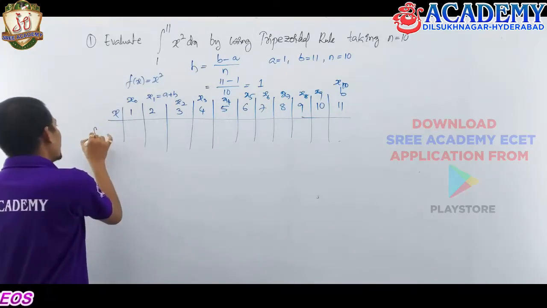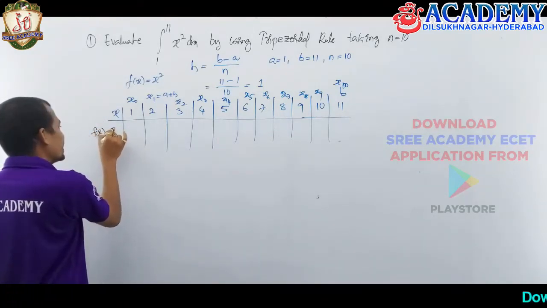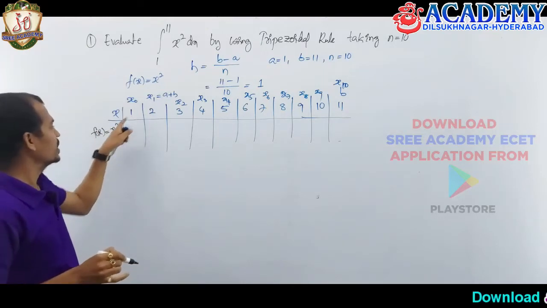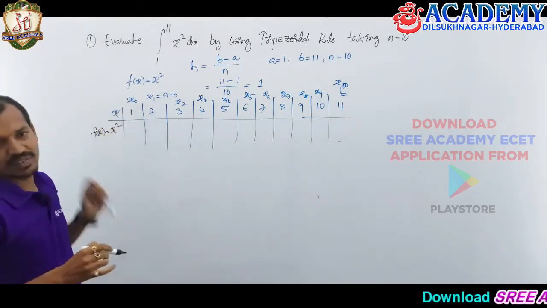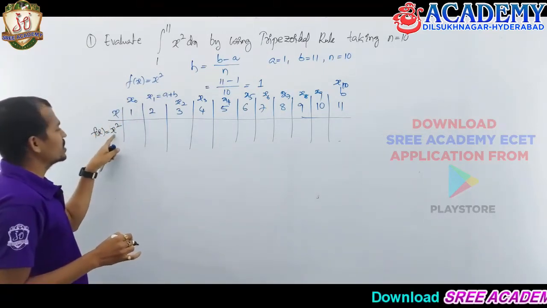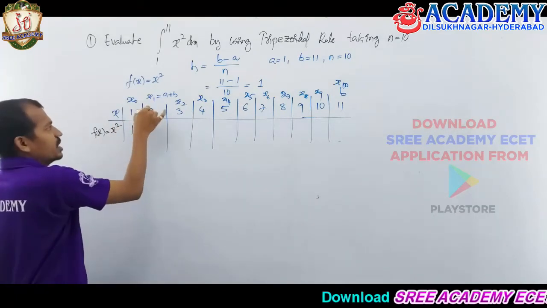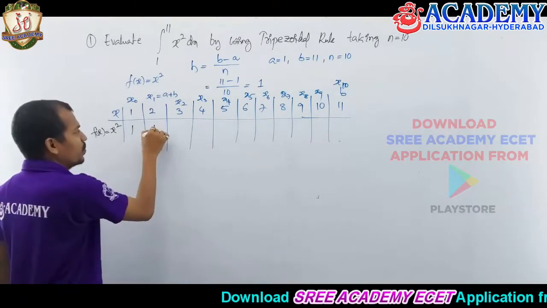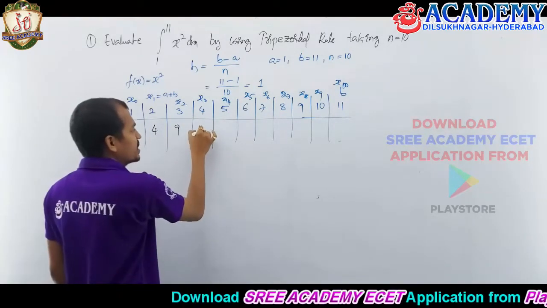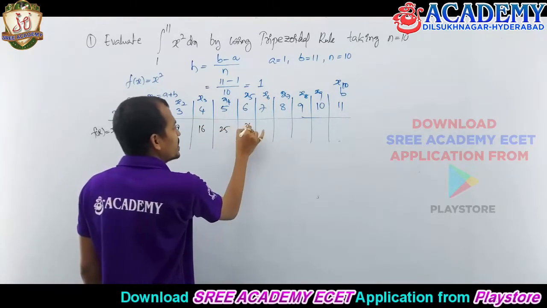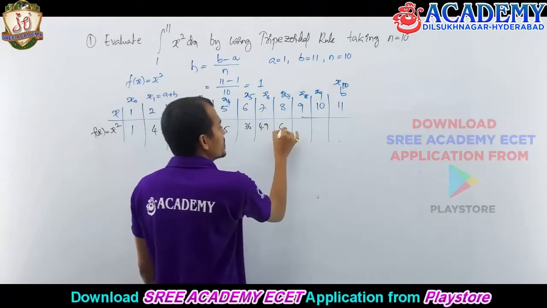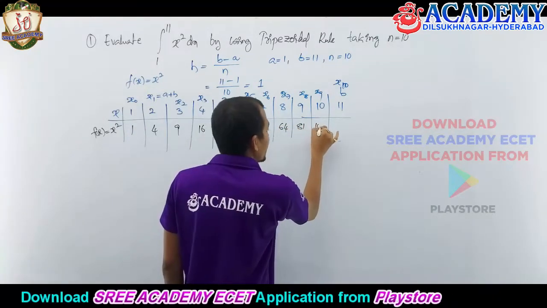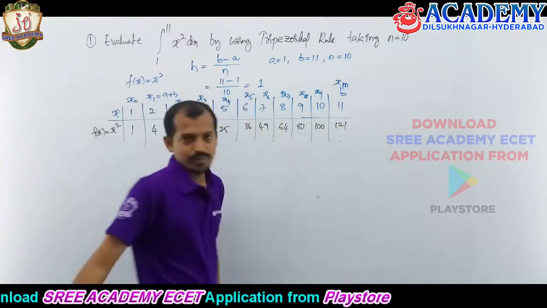Next, we have f of x, which is x square. You have to substitute in place of x the values we have here. 1 square is 1. Next, for x1, that is 2, 2 square is 4. 3 square 9, 4 square 16, 25, 36, 49, 64, 81, 100, 121.